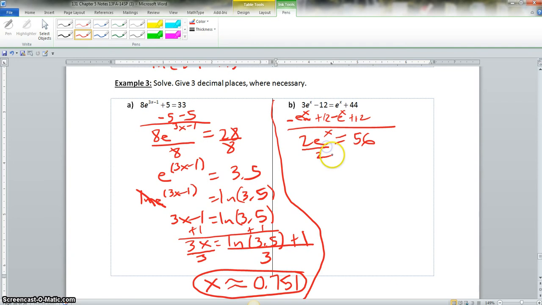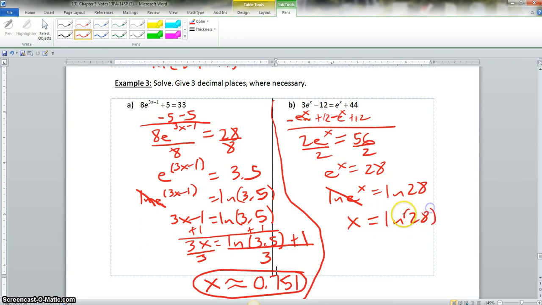So we divide each side by 2. And e to the x is equal to 28. Now we need to take the natural log of each side. And we would be left with x is equal to the natural log of 28. Now the natural log of 28, as an approximation, is 3.332.